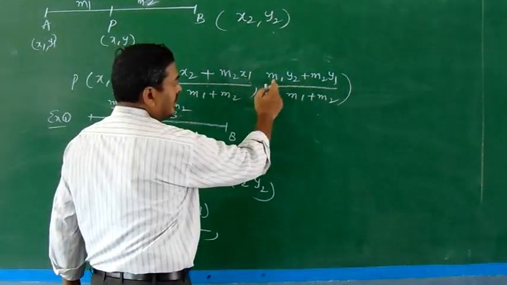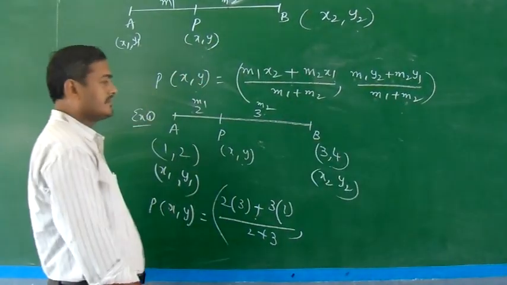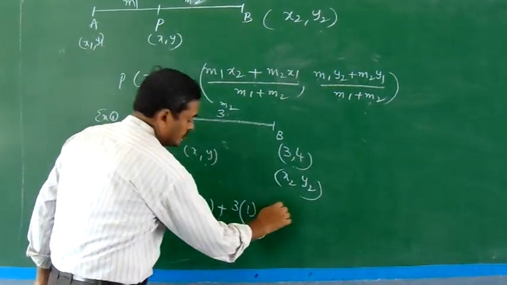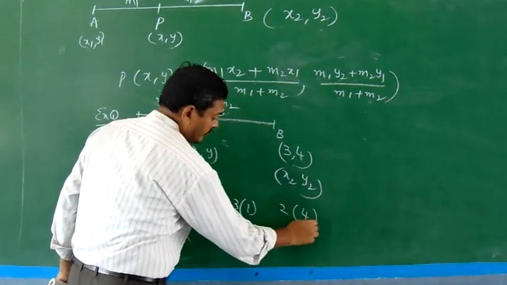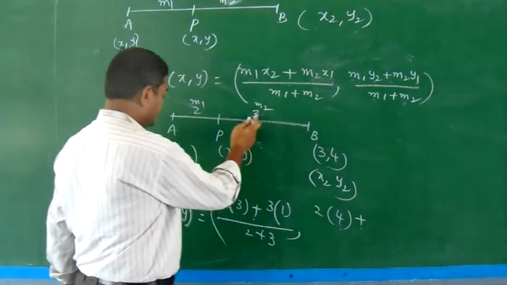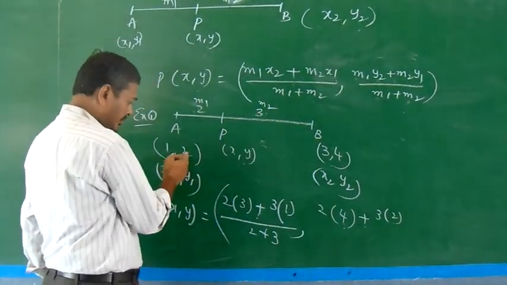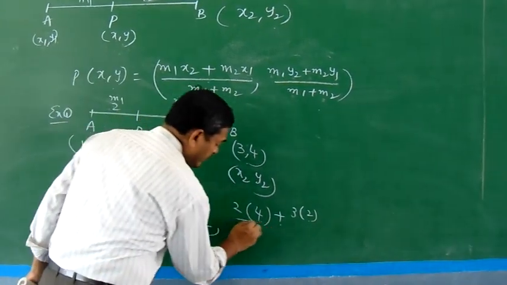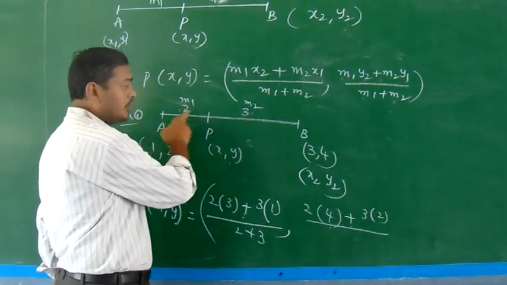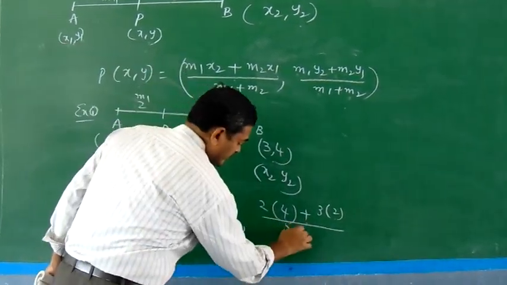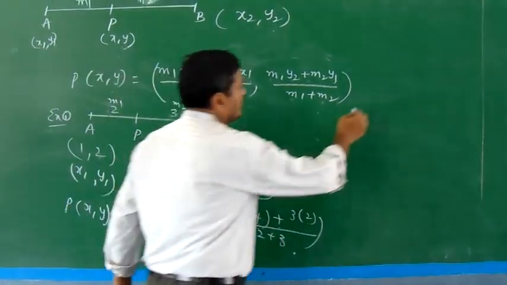Then the y coordinate: m1 y2 plus m2 y1 by m1 plus m2, that is 2 into 4 plus 3 into 2, divided by m1 plus m2. m1 is 2, m2 is 3, so 2 plus 3.